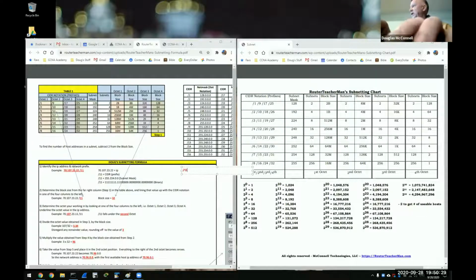So we have 70.107.23.22/11. So out to the right, step 2 was what? Determine the block size, right? We determined it was 32. Then what do we do next?